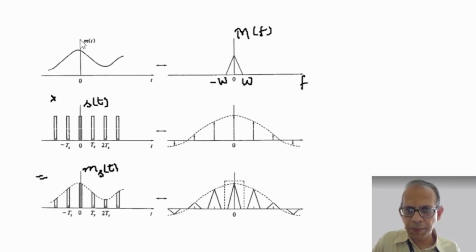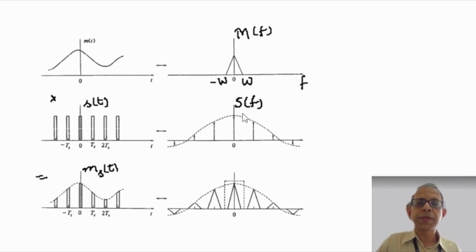It is the result of the product of these two. In frequency domain, the spectrum of the periodic pulse train is a sequence of impulses with the strength of each impulse equal to the Fourier series coefficient, which varies as per the sinc function. So the strength varies as per the sinc function.